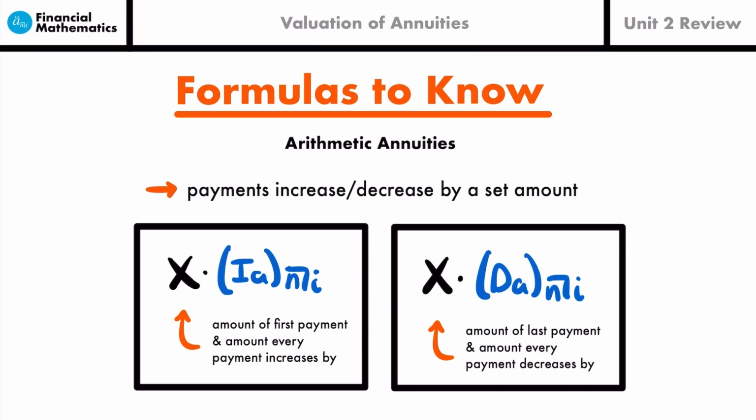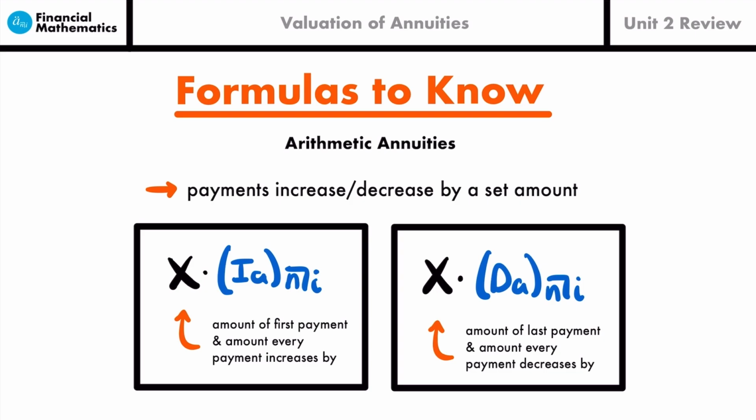If that's not the case, then you will have to make an adjustment. You will have to split up your payments into two sets of payments, where one will be an arithmetic increasing annuity and the other one will be a level payment annuity. And if you're not sure what I'm talking about, be sure to revisit my lesson and examples videos for arithmetic increasing annuities. Okay, I believe I show an example of where you would have to make an adjustment like that.